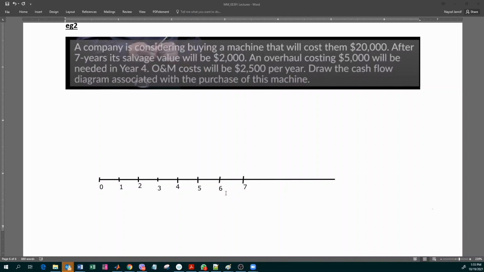Can you tell me this time frame? Is it in years or what is this in? Yes, years. All right.